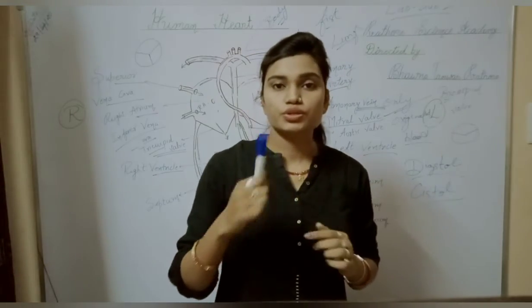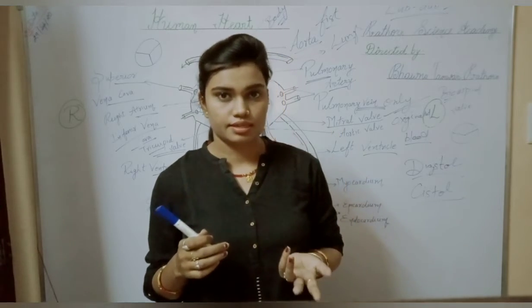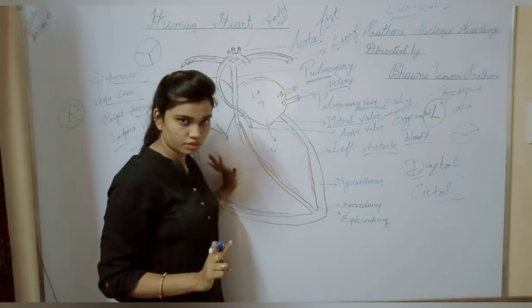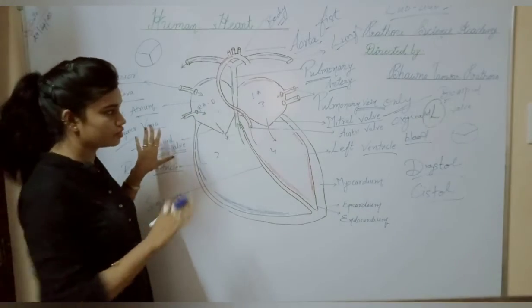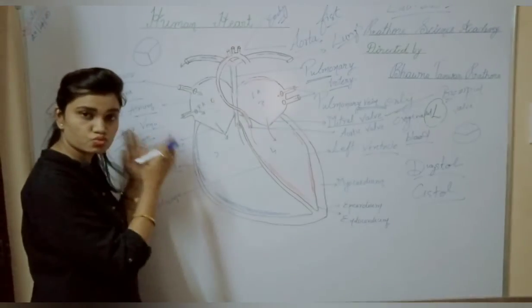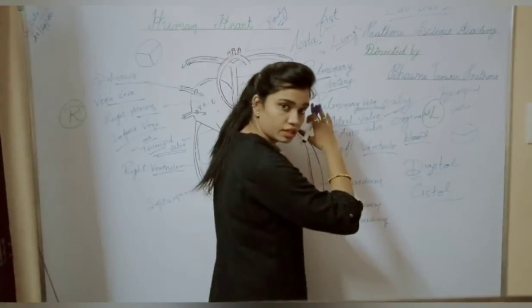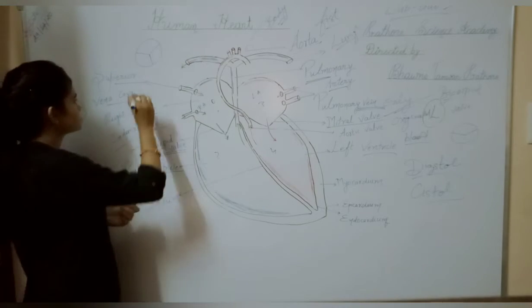Now see what you have to do. You have to remember these four chambers of the heart. You have to remember what is the right side and what is the left side. The right side is totally impure blood, and the left side is totally oxygenated blood. You have to remember the names.